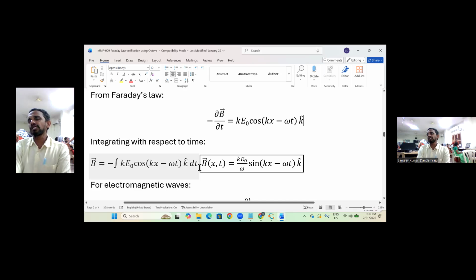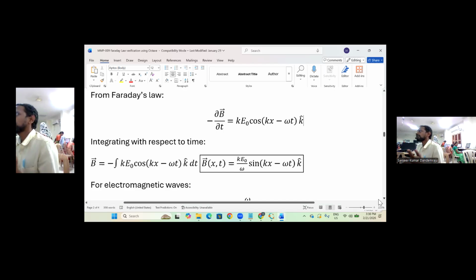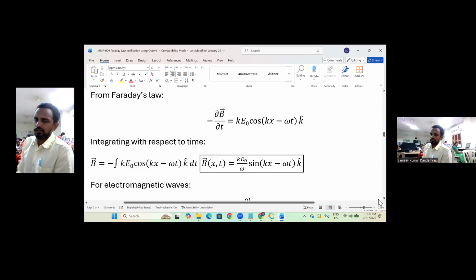The negative integral of del cross E over time will give you again a sine term with a positive sign, k naught by omega sine(kx minus omega t). So to get the magnetic field, we have to calculate del cross E and then integrate over time with a negative sign.